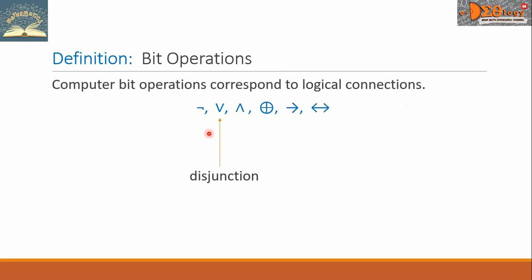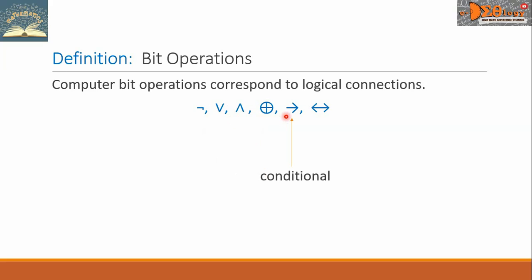The second symbol is for disjunction. We read this as or. The next symbol is for conjunction, and we read this as and. The next symbol is for exclusive OR operation, and we read this as XOR.